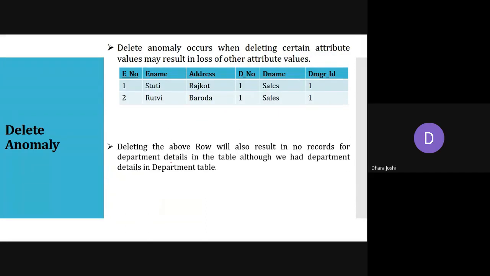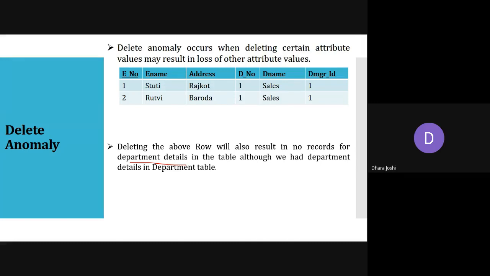So deleting the above row, that means the third row because Akash has left the institute, will also result in no records for department details in the table, although we have the department details in the department table. Right now we are just thinking that we have a single table, not two separate tables. So right now in our organization's table, we do not have any department called accounts.